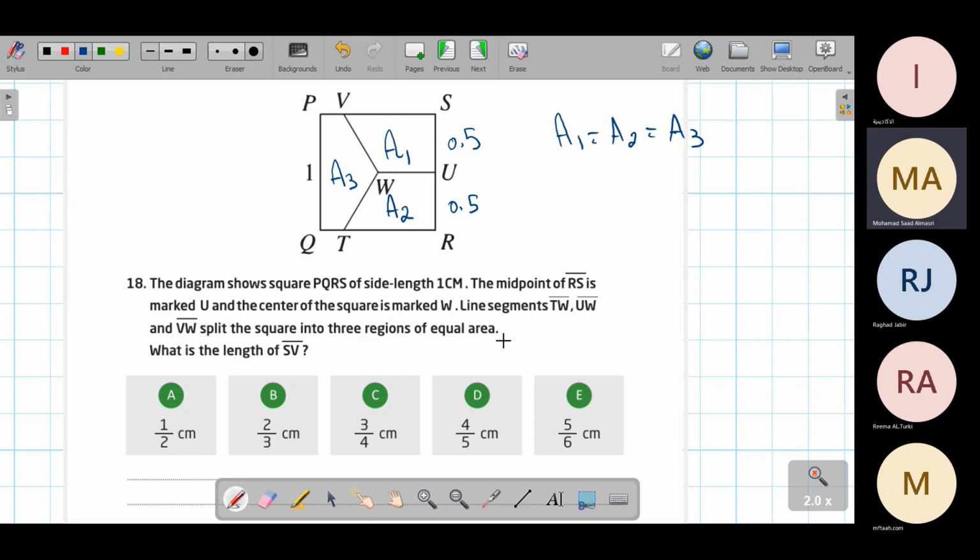The question is, what is the length of SV? Okay, here SV. We need to know this length. Any idea?